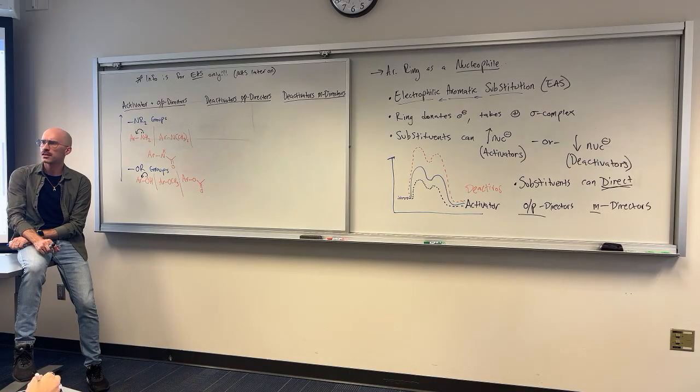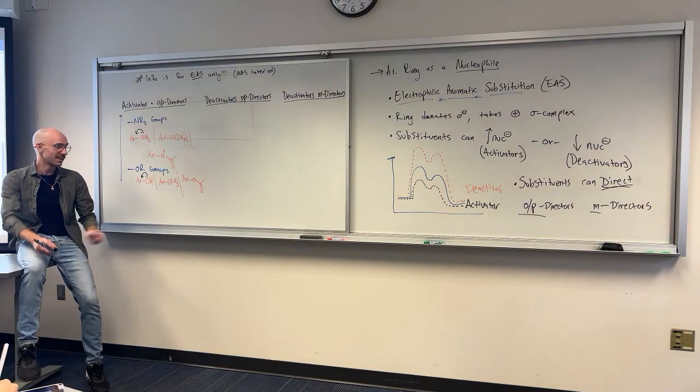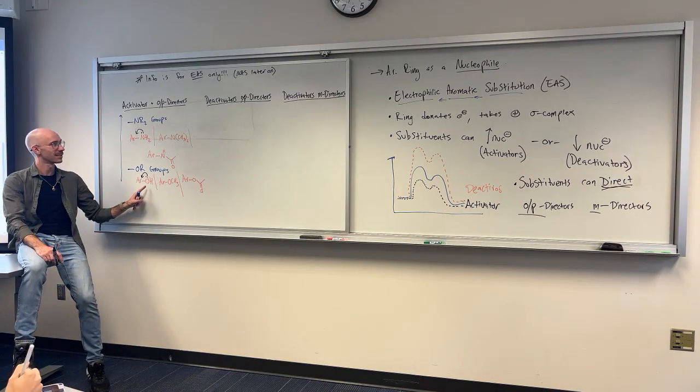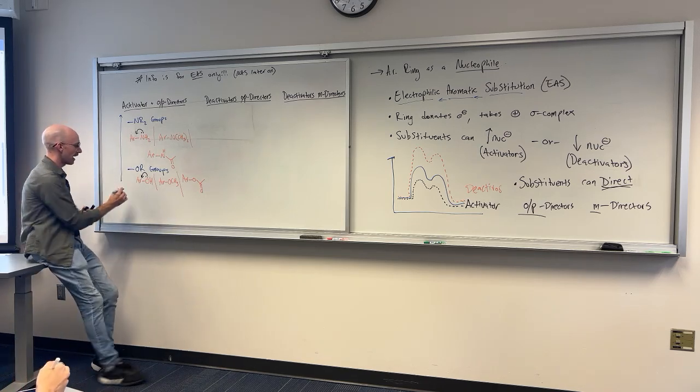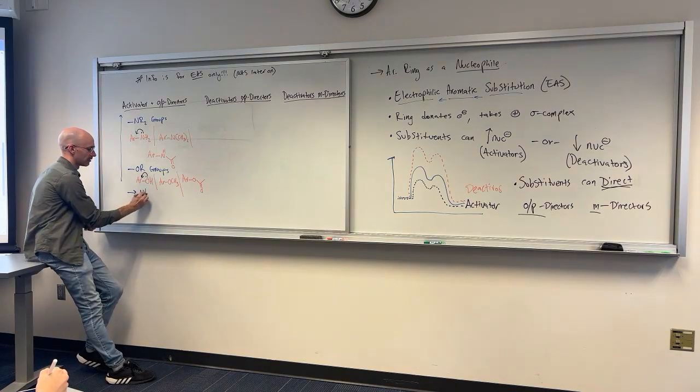Why does nitrogen increase the ring's nucleophilic power more? Exactly. Nitrogen shares better. Nitrogen gives away its electrons more willingly than oxygen. Most people think of oxygen as the big electron guy. Yeah, that's exactly it. It doesn't want to give away its electrons. Nitrogen does that better. The last group that we have here is alkyl.